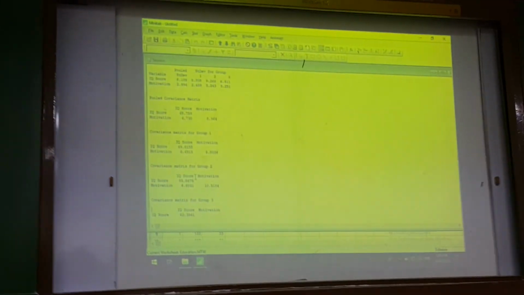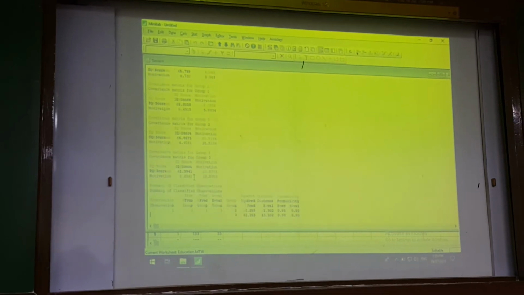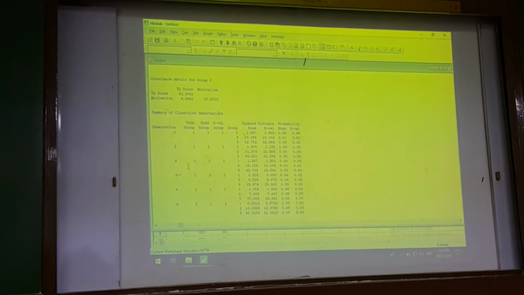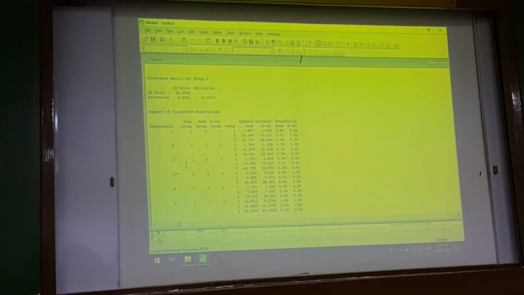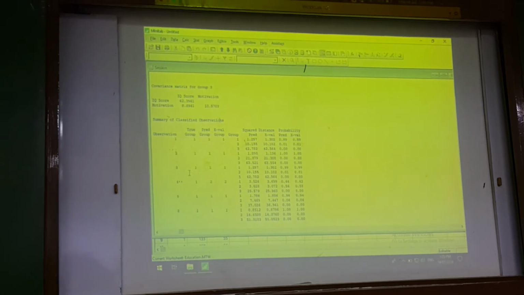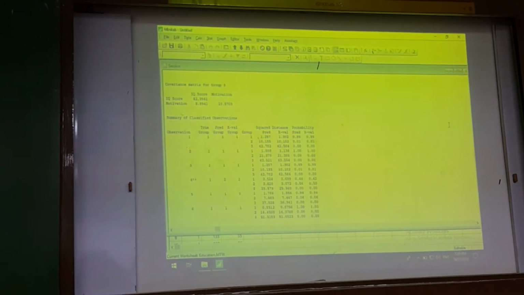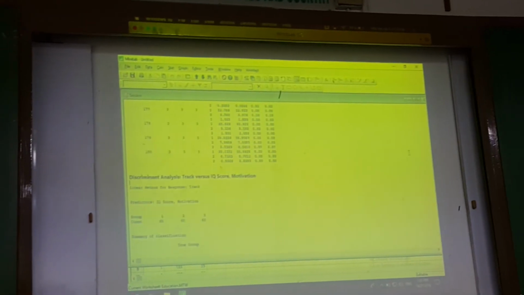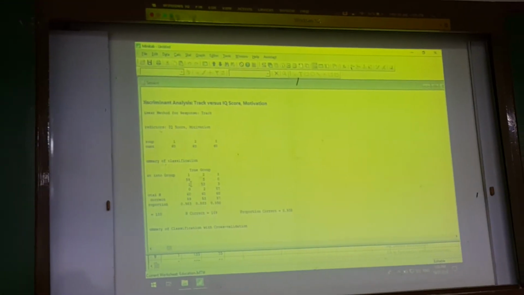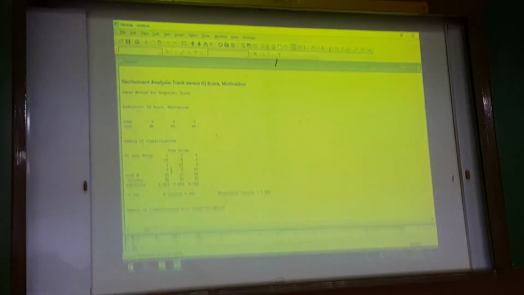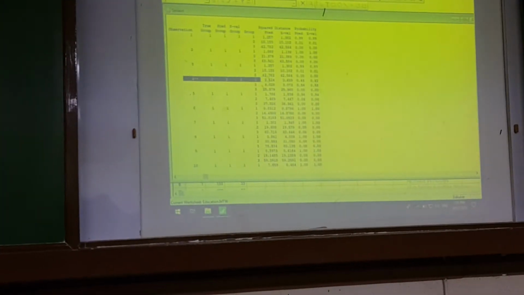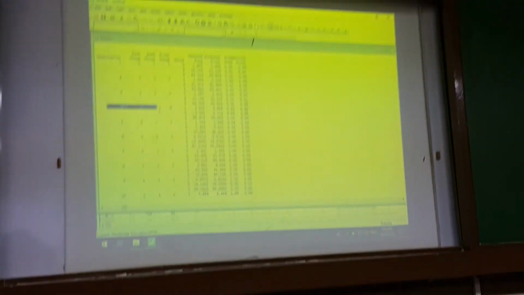So now let's go to this one, yung mahaba, yung summary of classified observations. So kanina, diba sinabi niya that you have wrong classification sa group 2 and group 3. Tama ba? So using yung mahabang part na yan, you can see whether alin yung observation number na nagkamali ng grouping.